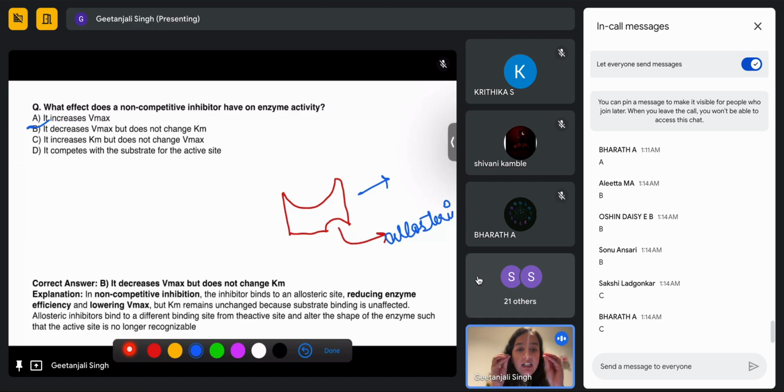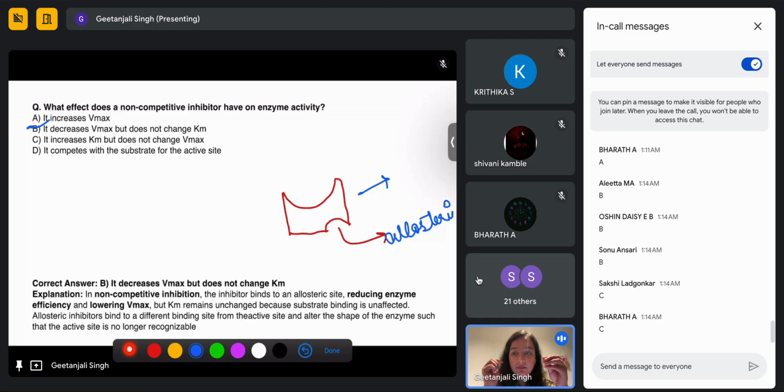Don't think about anything else, because it will just increase the complexity. Just remember the key difference between non-competitive and uncompetitive. Non-competitive goes to the allosteric site, and it binds whether or not there's substrate. Even without substrate, it can bind in the allosteric site and change the active site.